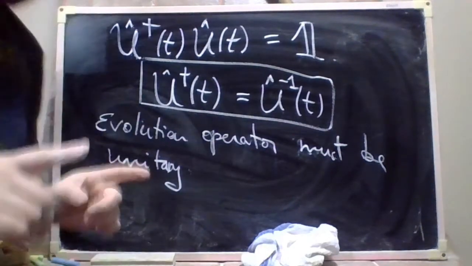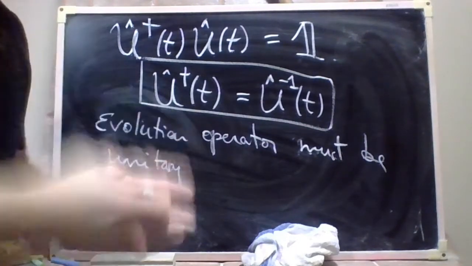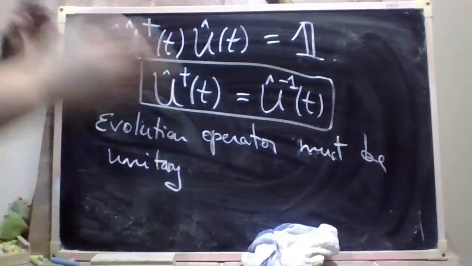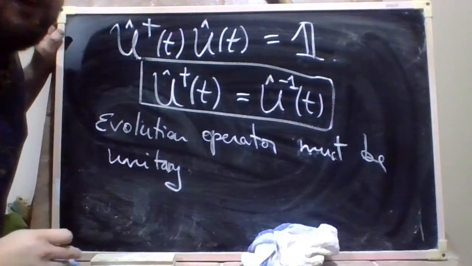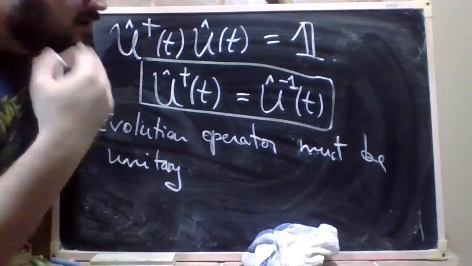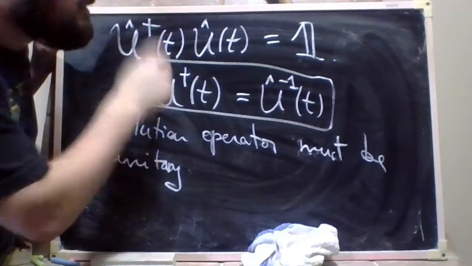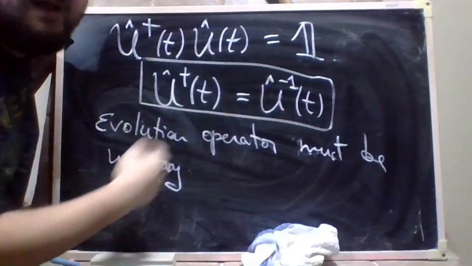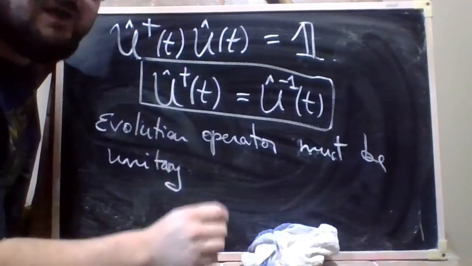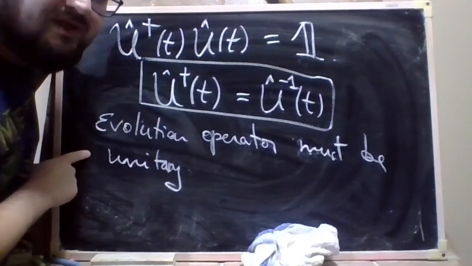Now remember that physically observable quantities are represented by Hermitian operators, which correspond to those matrices for whom the transpose conjugated is equal to itself. They are self-adjoint, say. So observables are Hermitian, and evolution operators must be unitary.